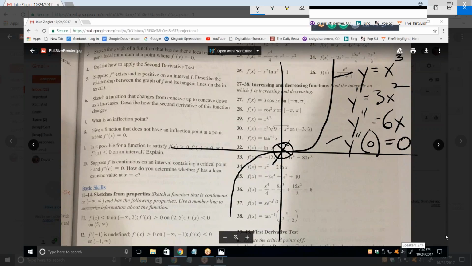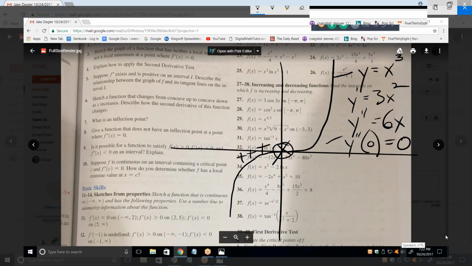If the second derivative is neither plus nor minus, it doesn't tell us whether we have an extreme value at that point. What do we have to rely on when the second derivative is 0, to determine whether that's a local minimum or maximum? We can see it isn't. But the reason it isn't is because the slopes don't change sign.